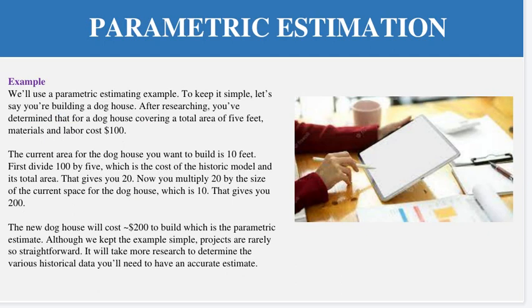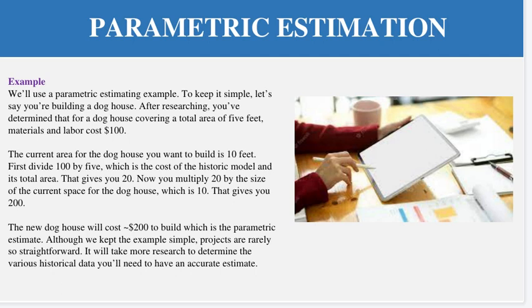Then, to keep it simple, let's say you are building a dog house, and after researching you recognize that a total area of 5 feet requires material and labor cost of $100. The current area for the dog house you want to build is 10 feet.